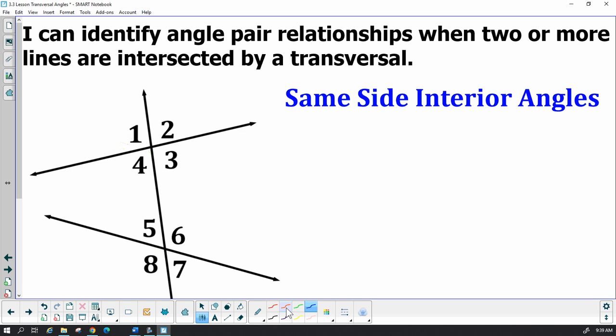Then we could look at angles that are on the same side. And of course, same side means same side of the transversal. Interior means in between the two lines.